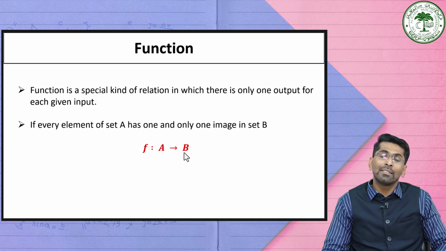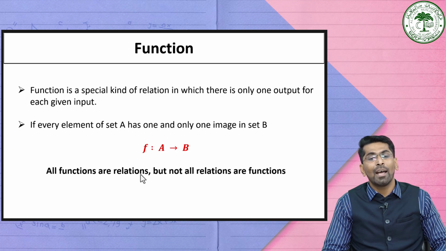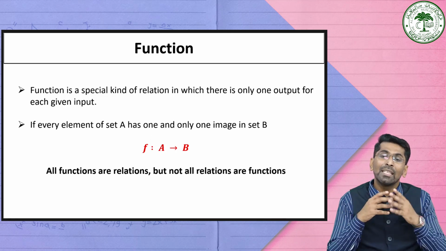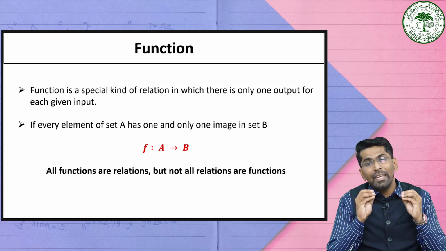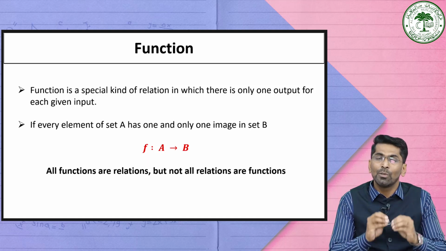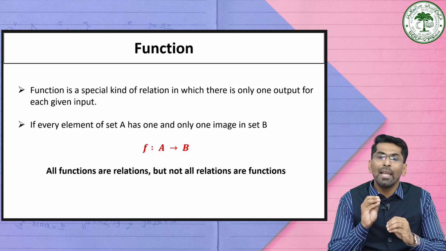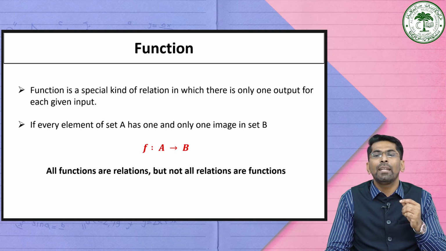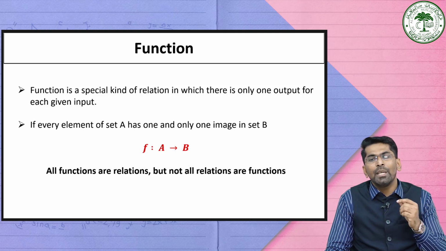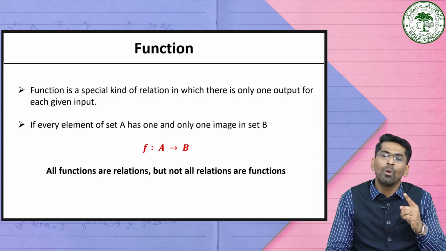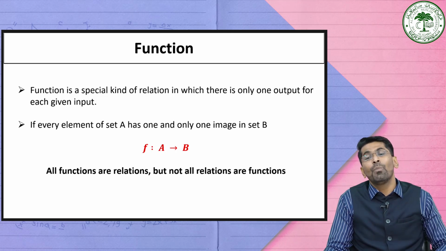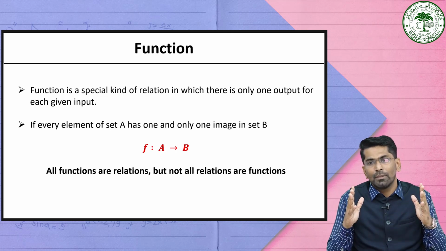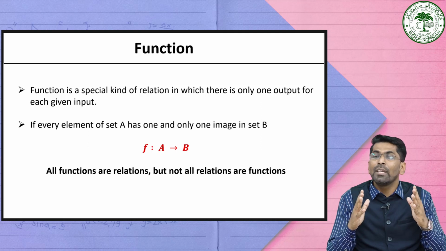So, we have already said that all functions are relations, but not all relations are functions, because we know a function is a special kind of relation where each element in the domain is associated with exactly one element in the codomain, which means there is no repetition of the input and each input has a unique output. A relation is a more general concept, but a function is not.